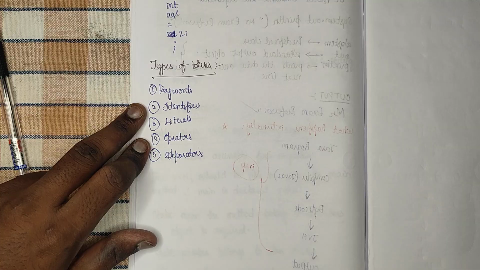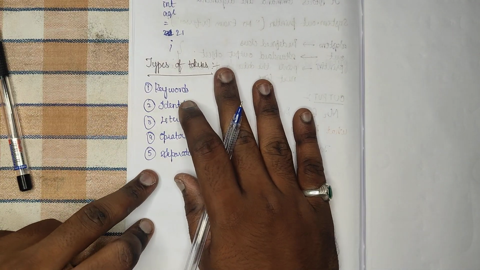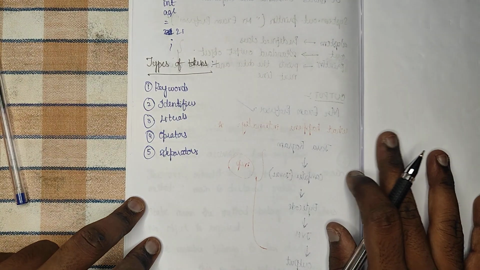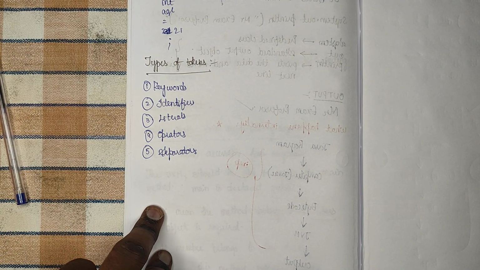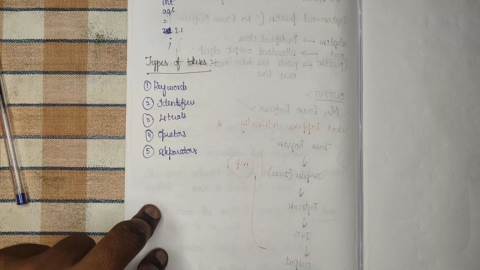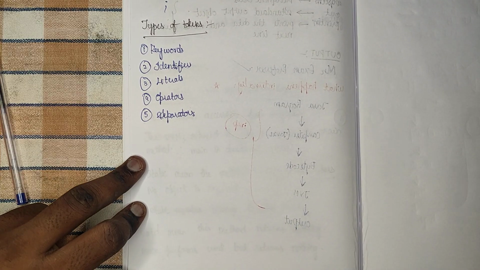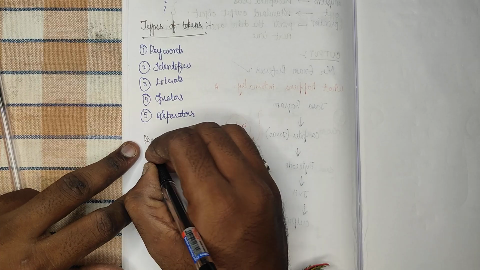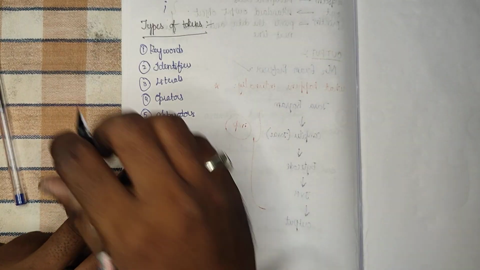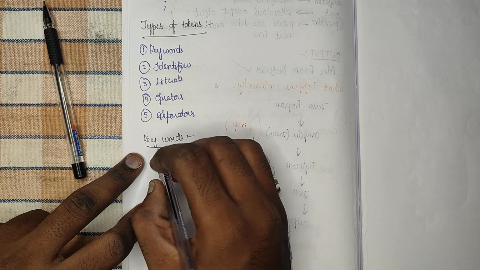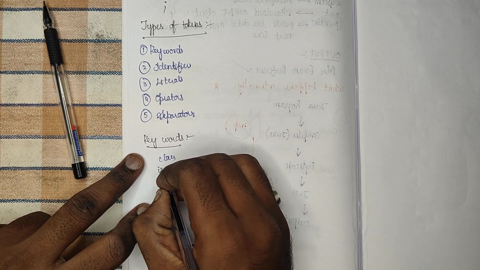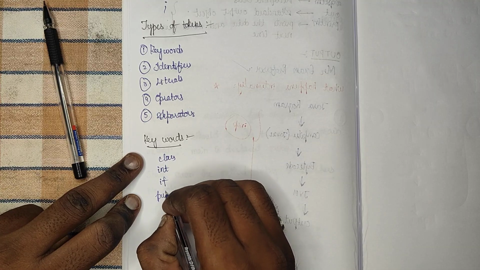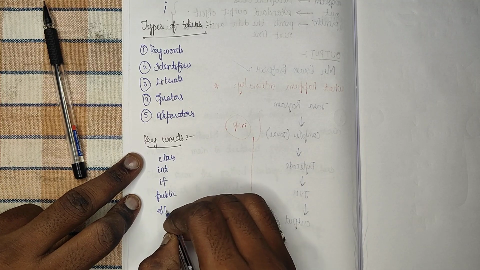I'm sorry if there are spelling mistakes here; if there are, please correct yourself. I'm going to give the keywords here: class, int, if, public, static.